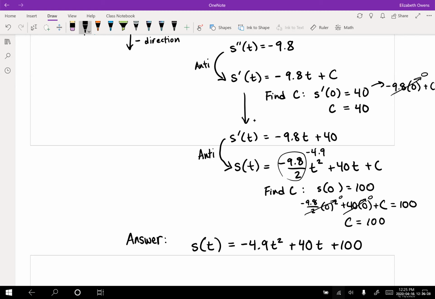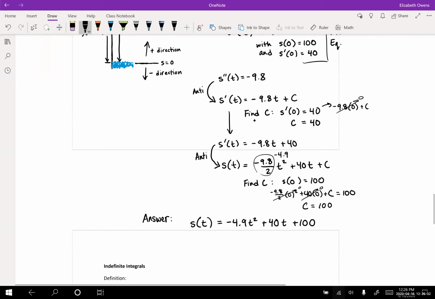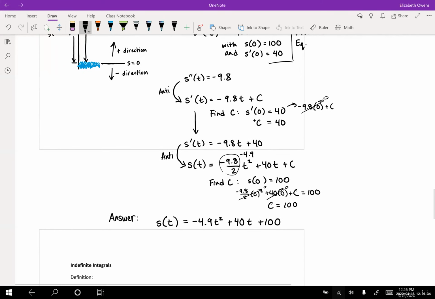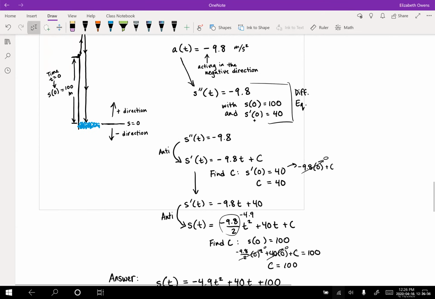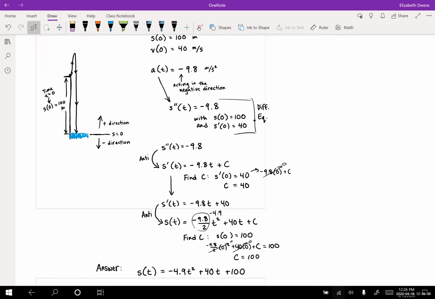And there we go. So that is our position function. So you could find the position of that rock at any point in time by plugging in whatever t value you were interested in into this equation here. So yeah. Oh, you forgot the negative on 4.9, but yeah, now we got it. Cool.